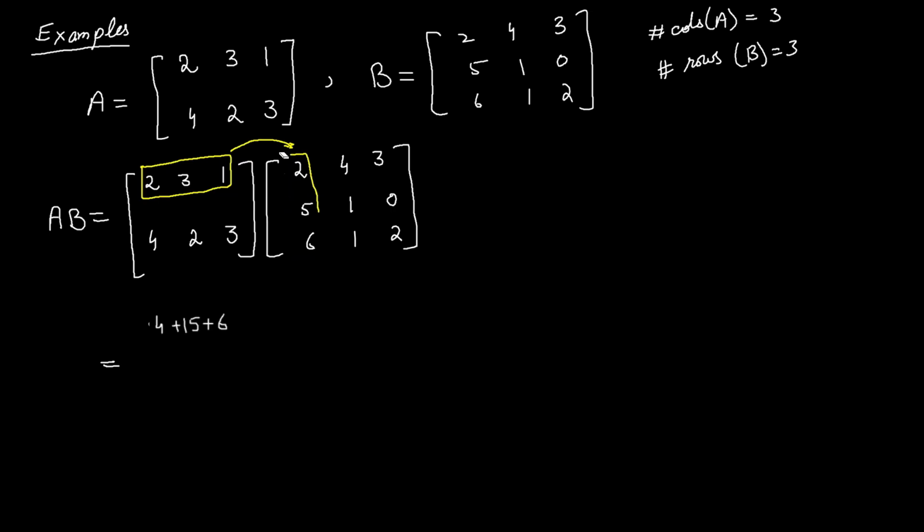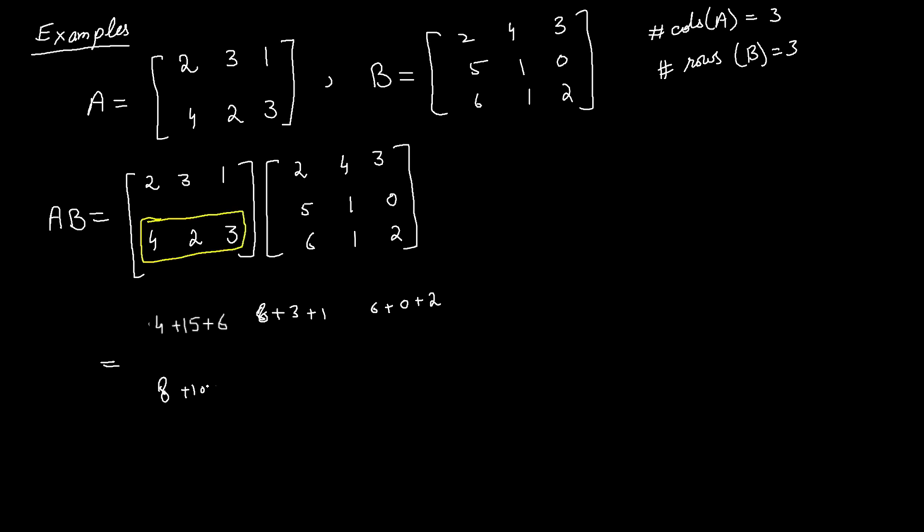For second element, we multiply first row of A with the second column of B and first row with the third column for third element. Likewise, we multiply second row with the first column to calculate first element of the second row and so on.